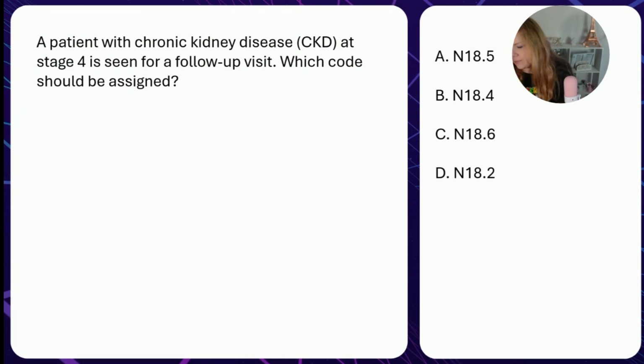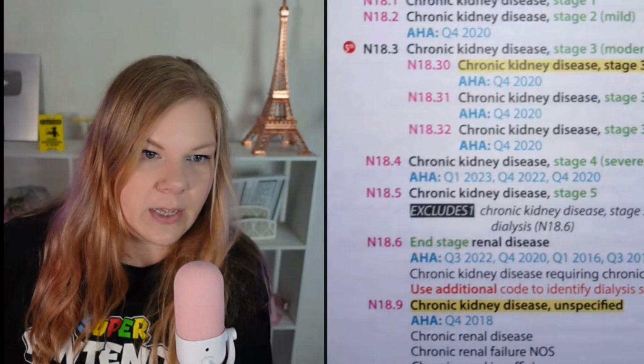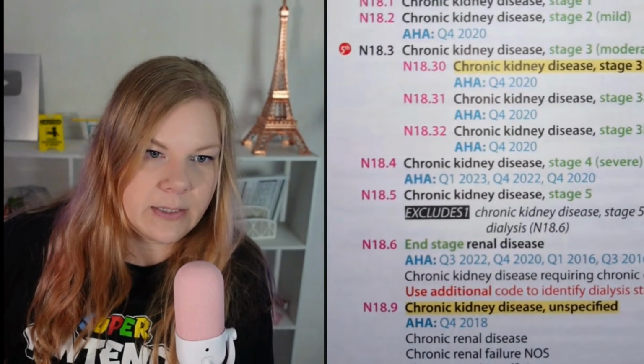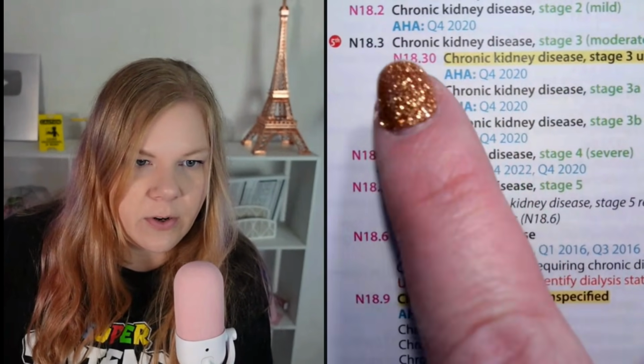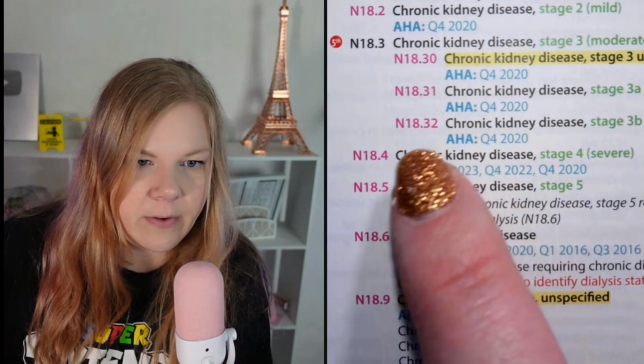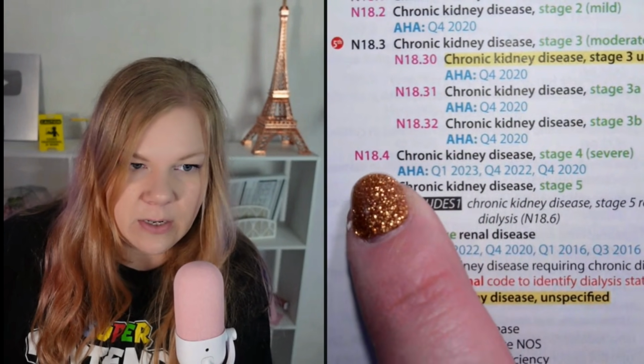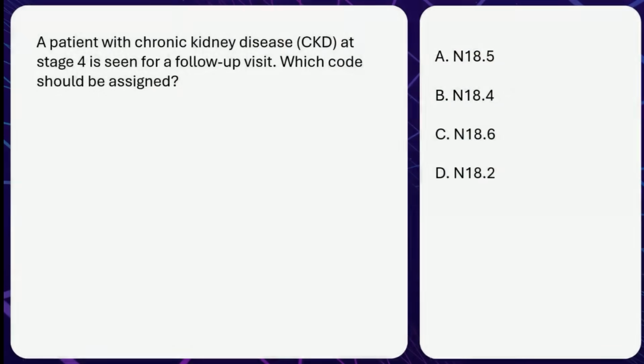That is an option. If we go to the N18 section, we can see here chronic kidney disease stage 3A, 3B, and then there is our N18.4, which means that our answer here is going to be our N18.4.